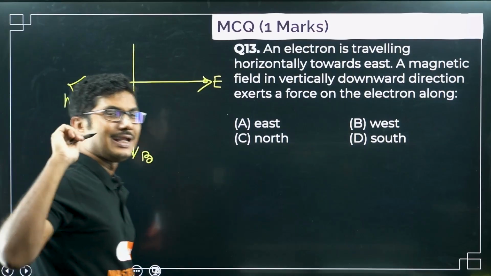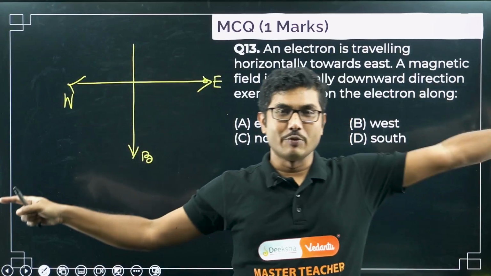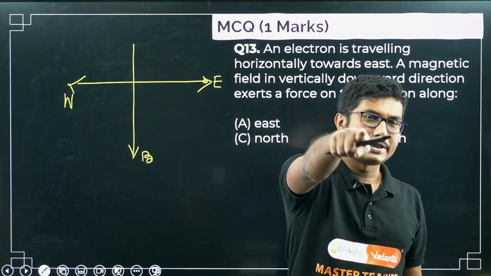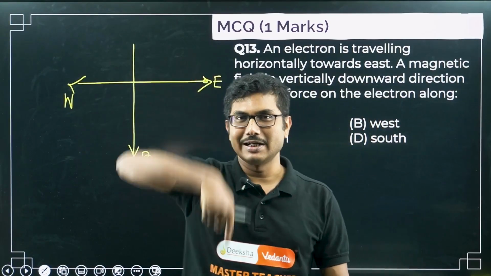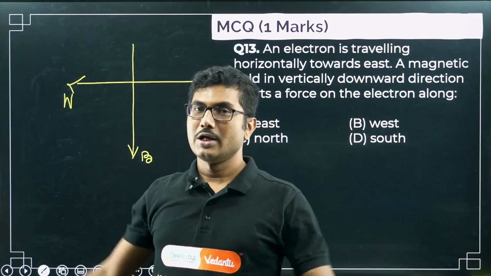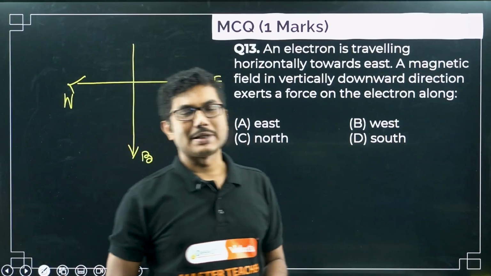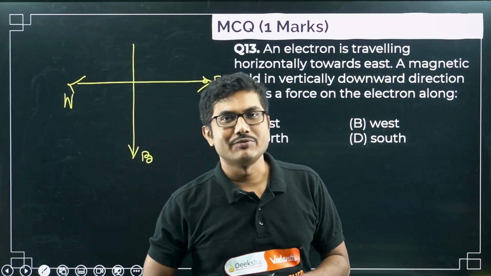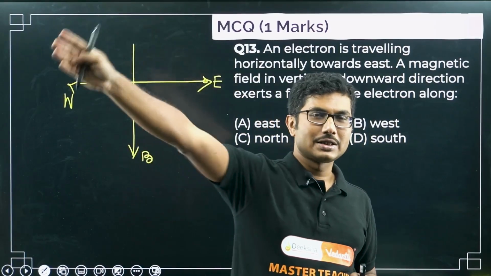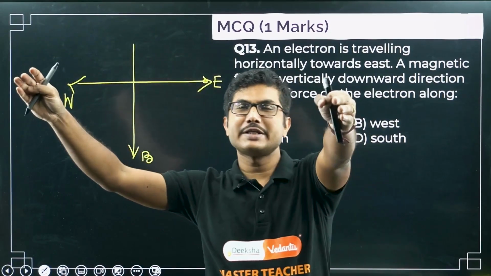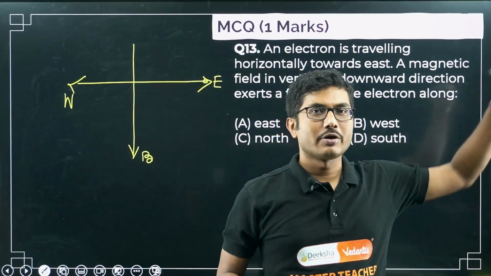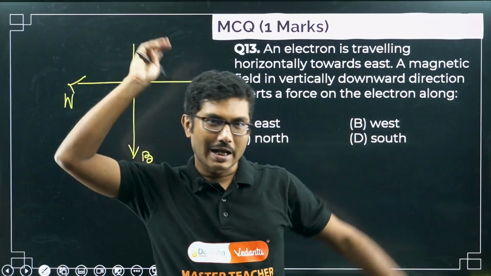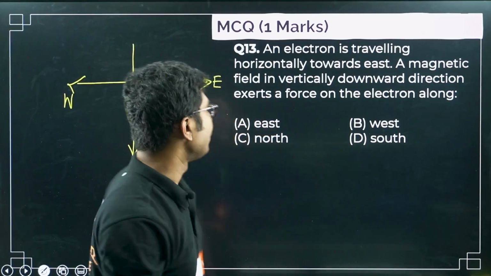Horizontally means east, west, north, south, right? And vertically downward is not necessarily the south direction. Remember that. When you point your hand towards the east, your face will point towards the north, and this side will point towards the west. This is the way you should remember east, west, north and south.